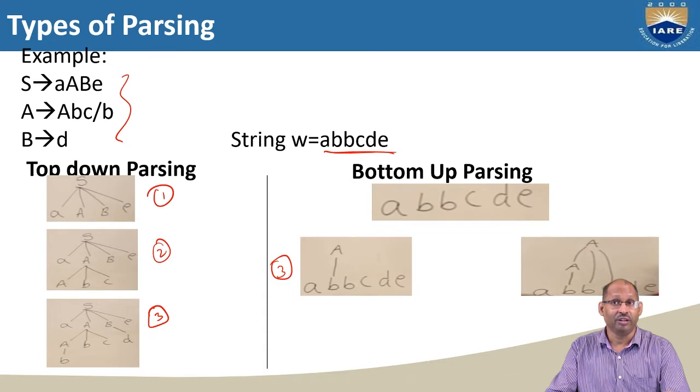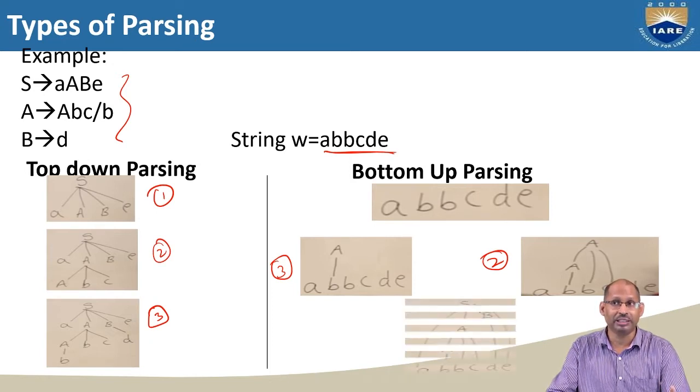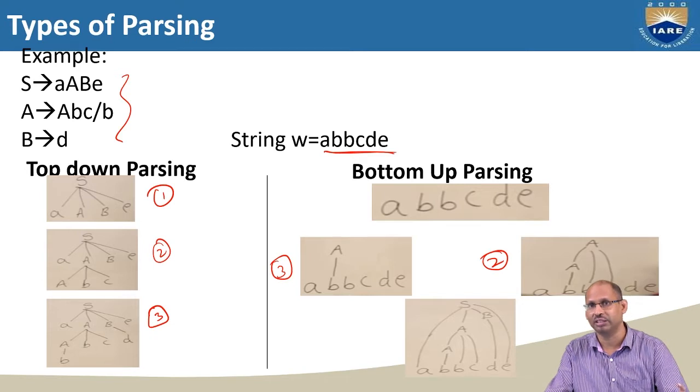Then using the second production, we are replacing the variables A and BC with the capital A. Then we are replacing that with the help of this one.